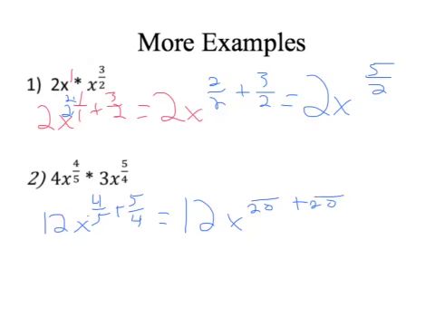To go from 5 to 20, I need to multiply top and bottom by 4. 4 times 4 is 16. To go from 4 to 20, I need to multiply by 5. 5 times 5 is 25. And then to clean that up, your 12x stays in front. 16 plus 25 is 41. It would be 41 over 20.